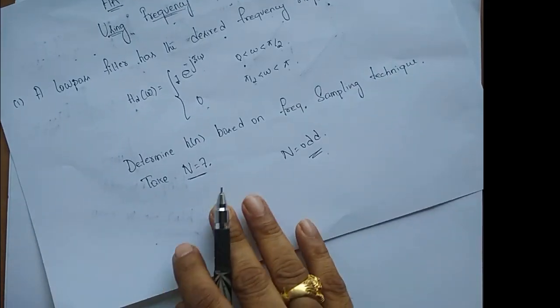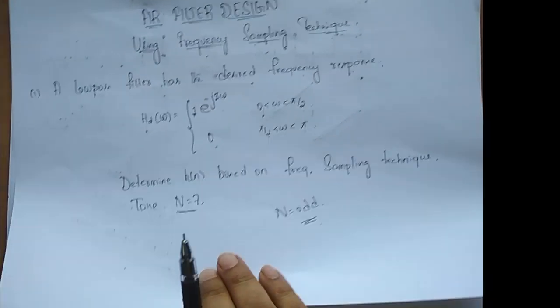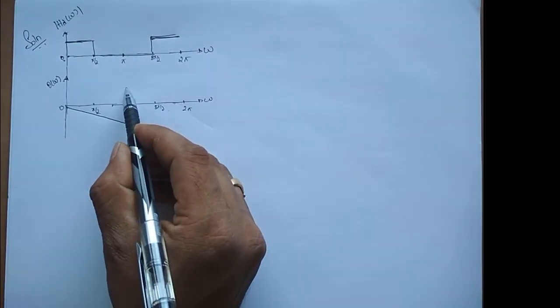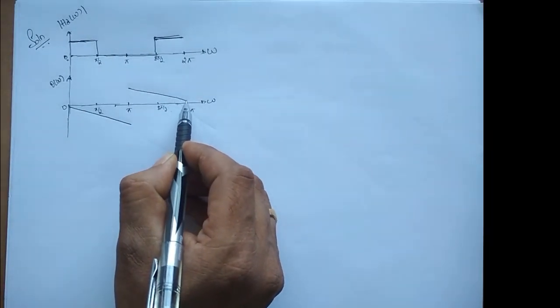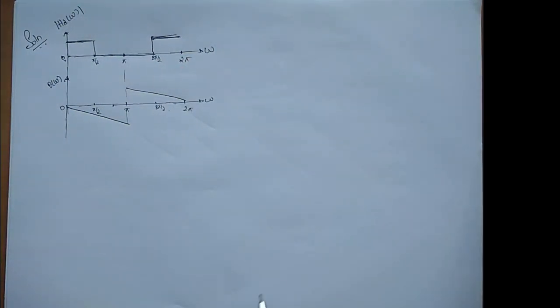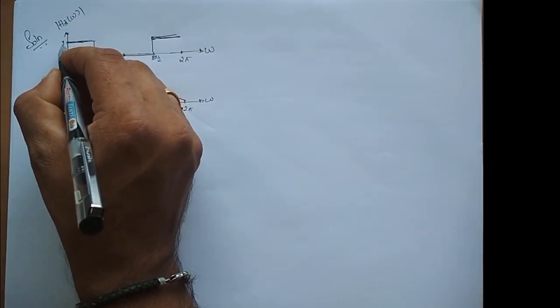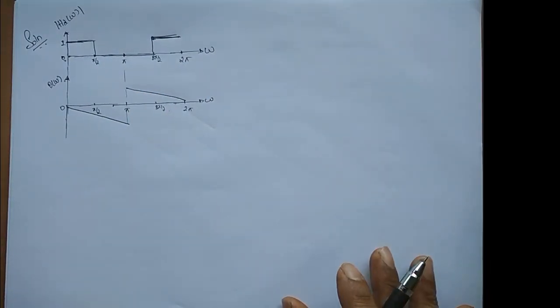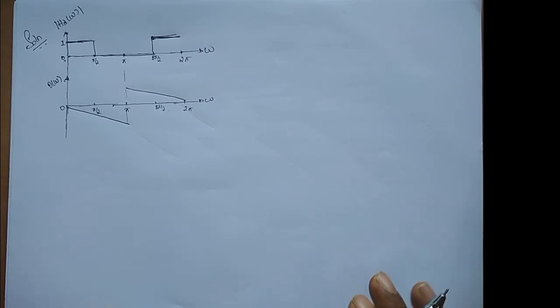The 3 is related to slope, so we'll plot something like this. This is the phase theta of omega. This is the desired frequency response they have given us to design.